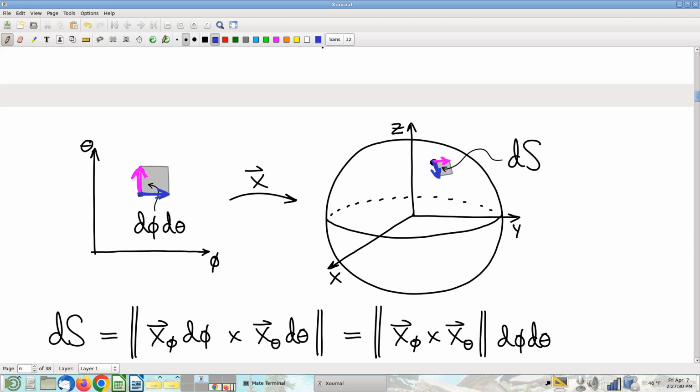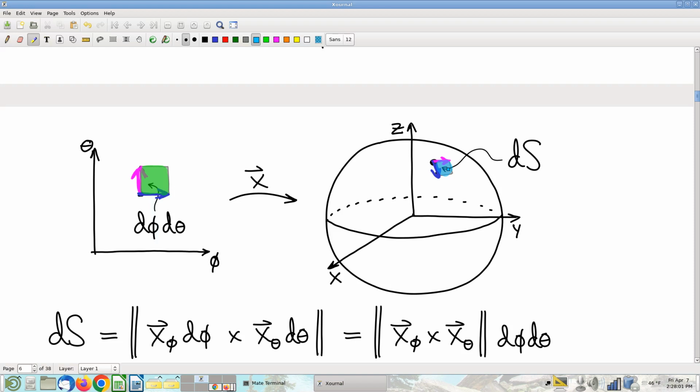We've got formulas for these purple and dark blue vectors, and so in fact we now have a geometric relationship between this little differential piece of area in the parameter space and this little differential piece of area on the surface. So I have a pretty explicit relationship between this green area and this blue area.